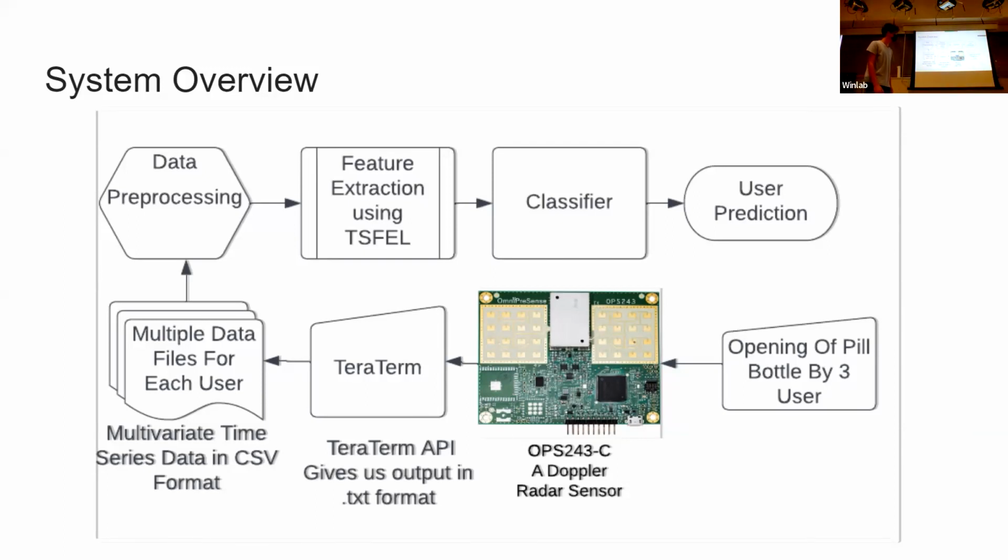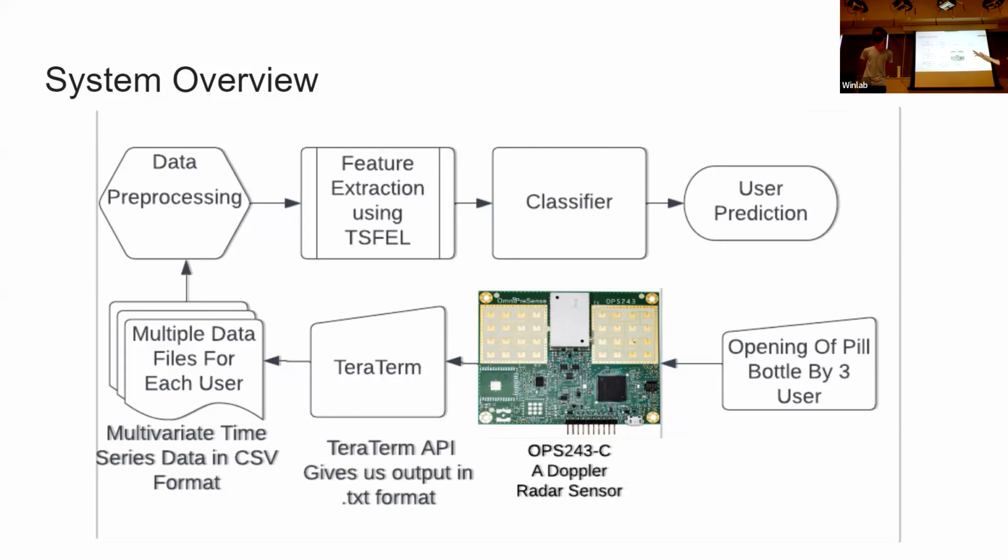We collected the data by telling 3 users to open the bottle, take the pill, and close the lid. This was sensed by the radar sensor. In the next slide, you can see the setup, how we collected the data.